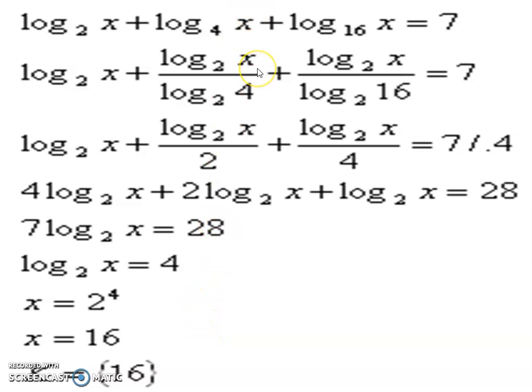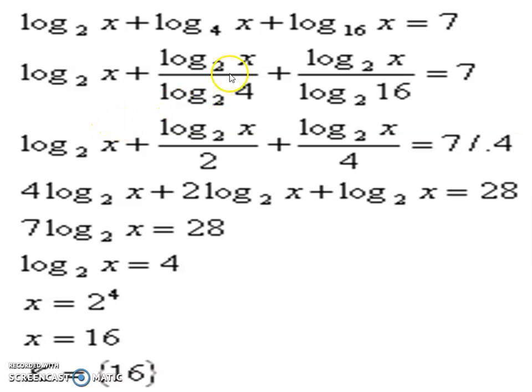In this example, we must study the important step: the change of base rule is applied to the second and third terms, because 4 is the square of 2 and 2's 4th power is 16. The base must be made the same, following the laws of indices.